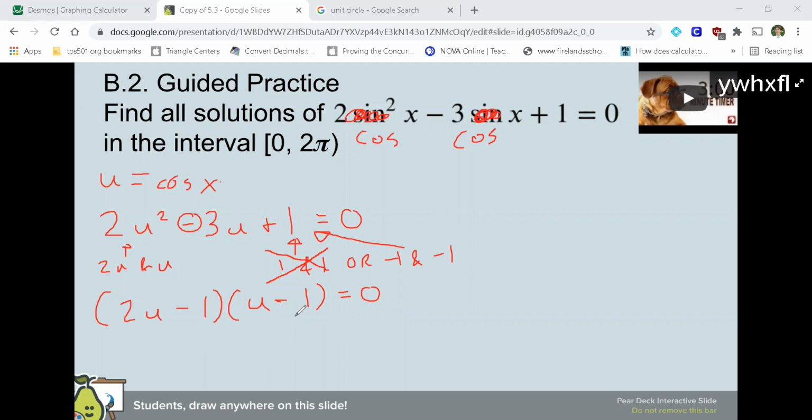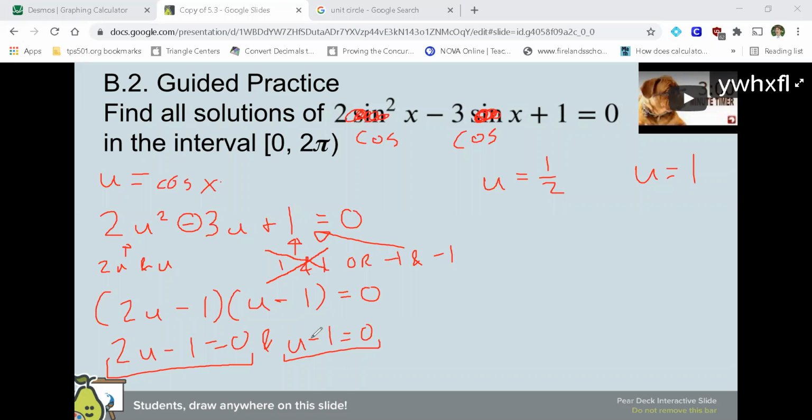Now that this is factored, we set each factor equal to 0. If you solve this one for u, you would get u equals 1 over 2. If you solve this one for u, you get u equals 1.